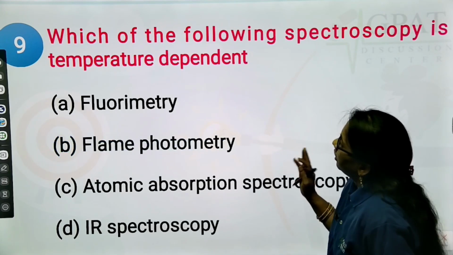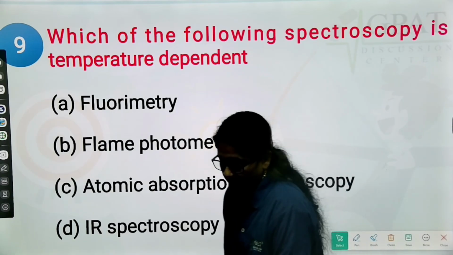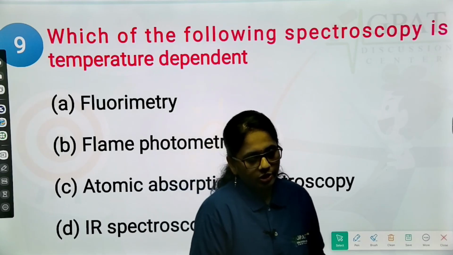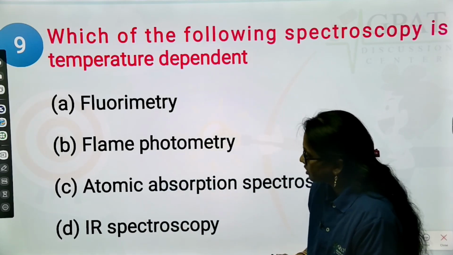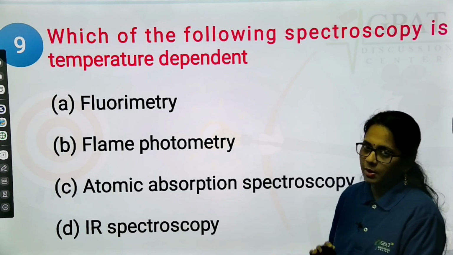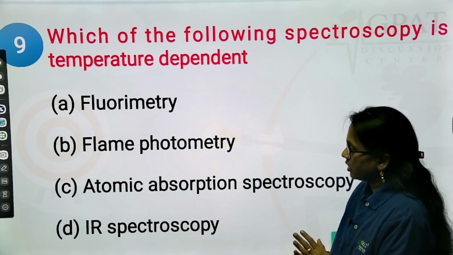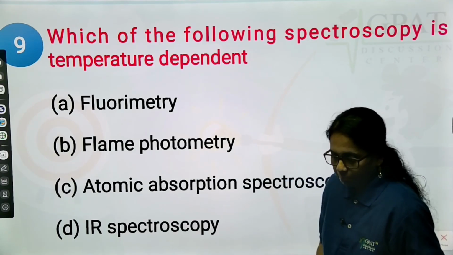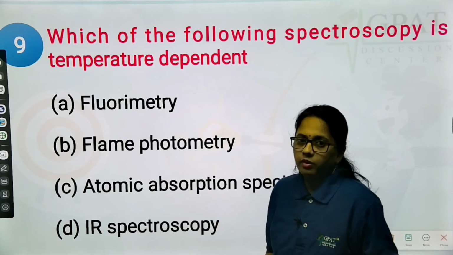Okay. Next, which of the following spectroscopy is temperature dependent? According to the temperature, we have already seen that different fuel and oxidant ratios give different temperatures. So definitely atomic absorption spectroscopy is temperature dependent. Fluorimetry, flame photometry, IR spectroscopy are also temperature dependent, but there is not much wide variation.